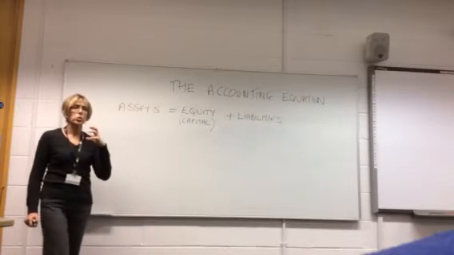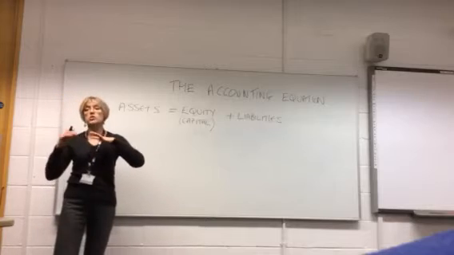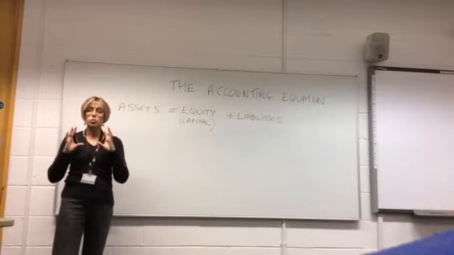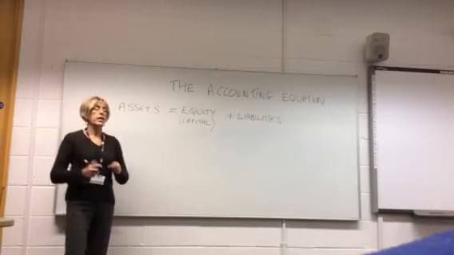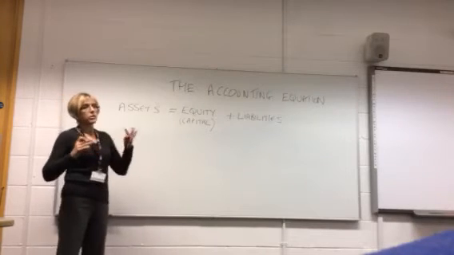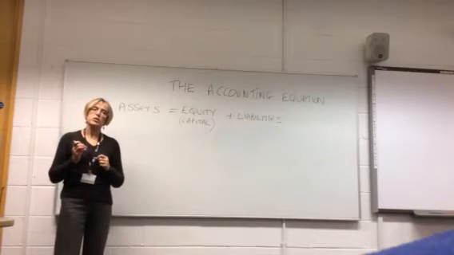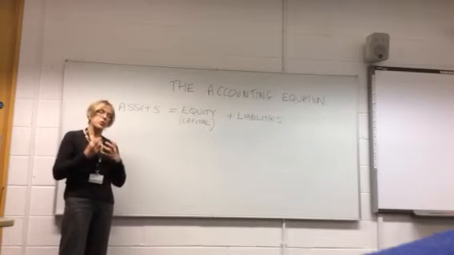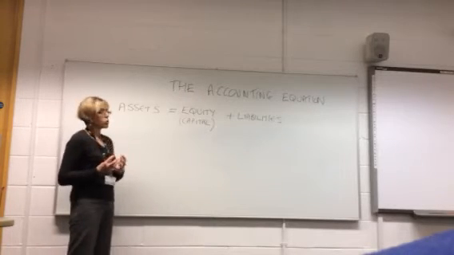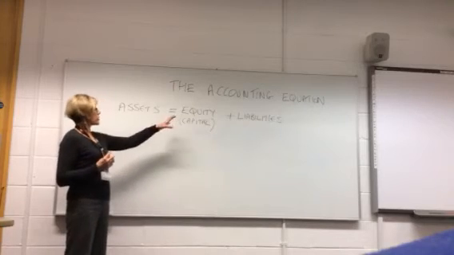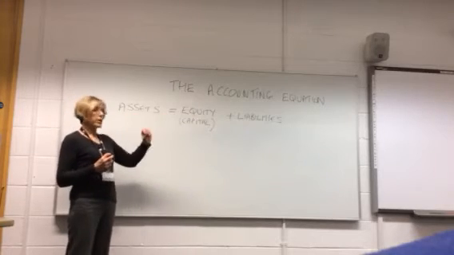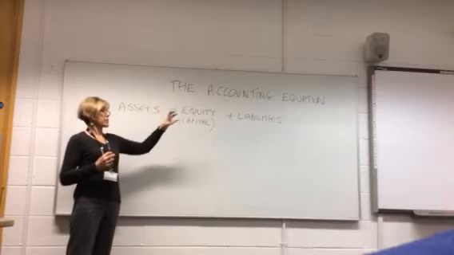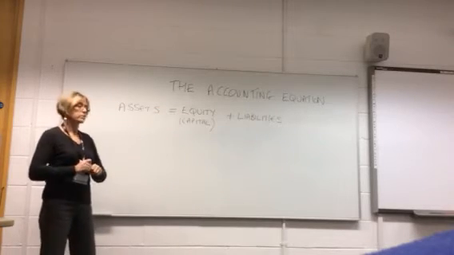Now, the accounting equation is fundamental. It must always hold good when we do our accounting. And by that I mean, if we're recording a transaction, we have to make sure when we're doing our bookkeeping that the assets remain equal to the equity or capital plus the liabilities.